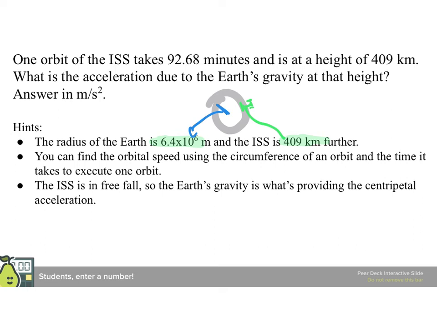So the total radius is the sum. The orbit it actually tracks out is not the size of the Earth, but a circle that is 409 kilometers further out. You can find the orbital speed using the circumference of the orbit and the time it takes to execute one orbit. And remember, the ISS is in free fall, so the Earth's gravity is just what's providing the centripetal acceleration. Give this a go, and then we'll go to the next slide.